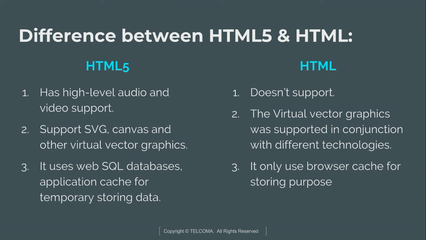So the differences between HTML5 and HTML are these. HTML5 has high-level audio and video support, whereas HTML doesn't support these two. Next, HTML5 supports SVG, that is scalable vector graphics, canvas, and other vector graphics, whereas in HTML, vector graphics were supported in conjunction with different technologies such as Flash, VML, and Silverlight.